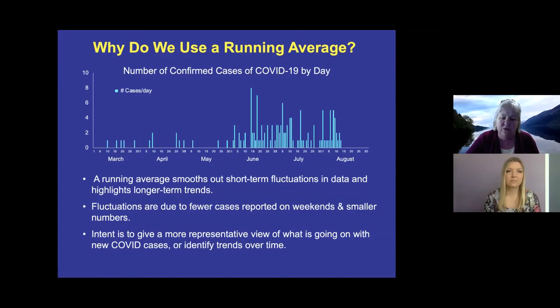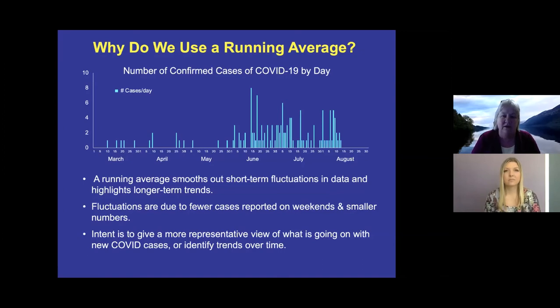Now, the reason we have a lot of fluctuations is that there are fewer cases reported on the weekends. Sunday and Monday almost consistently, not just for Brookings, but the state of South Dakota and the country and the world, there are a lot fewer cases on Sunday and Monday. And that's not because people aren't getting sick on Sunday and Monday.